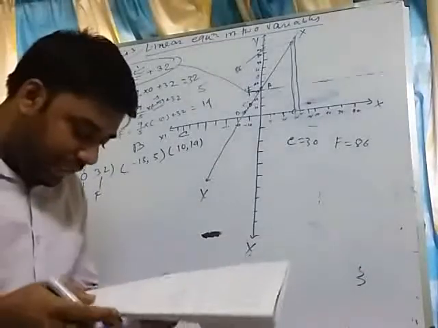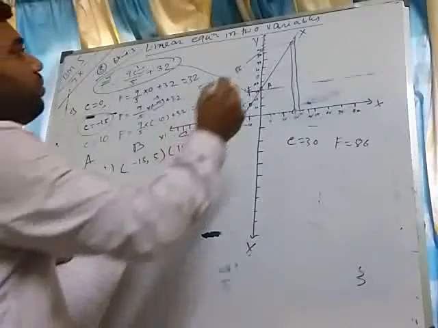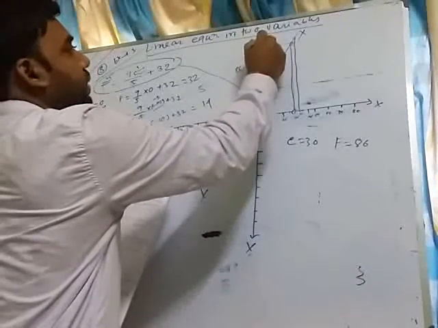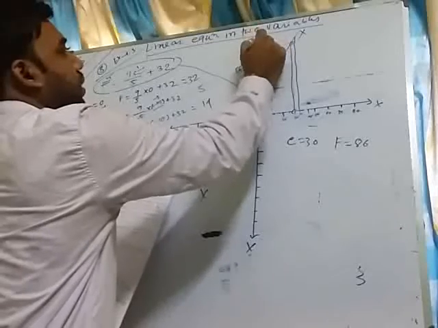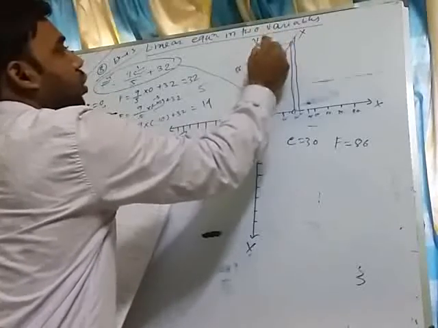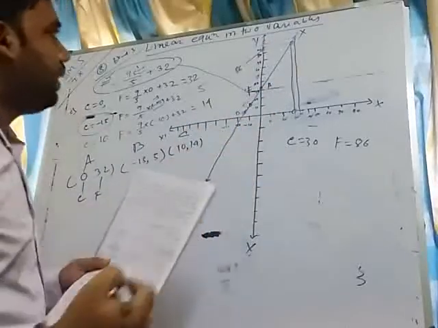If the temperature is 95 degrees Fahrenheit, so this is the point 95, between 90 and 100, that point. Draw a perpendicular to the graph of line XY.